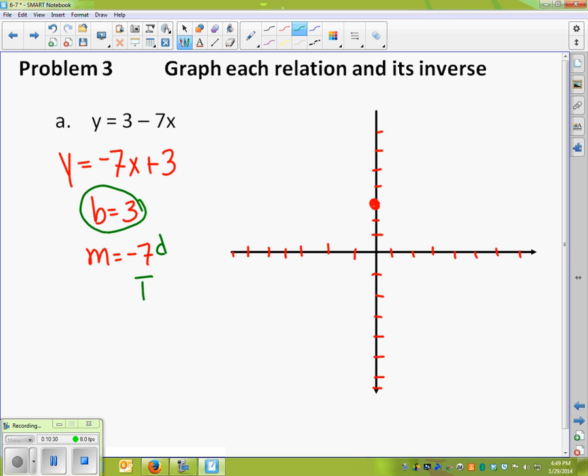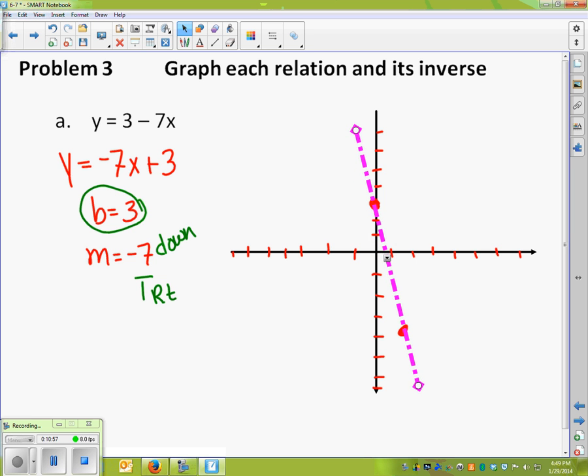So I go down 7 and to the right 1. 1, 2, 3, 4, 5, 6, 7, and to the right 1. Connect the two dots with my line. I'll go with pink. And I've now graphed the original equation.